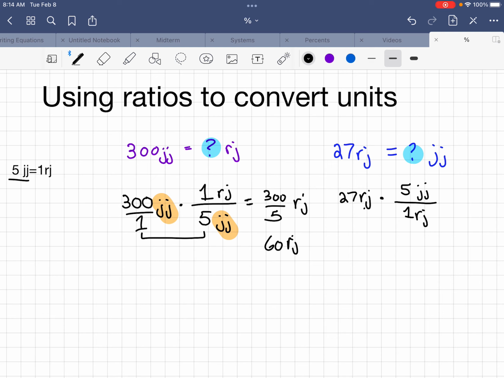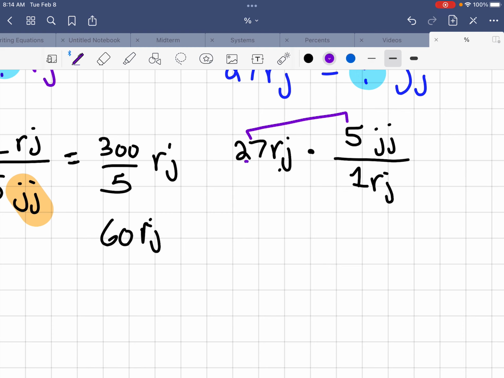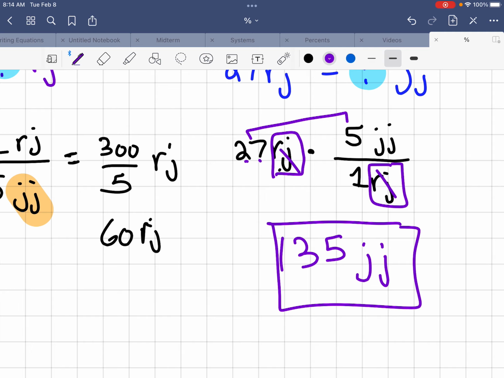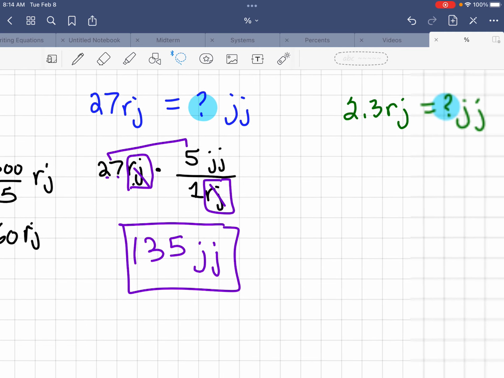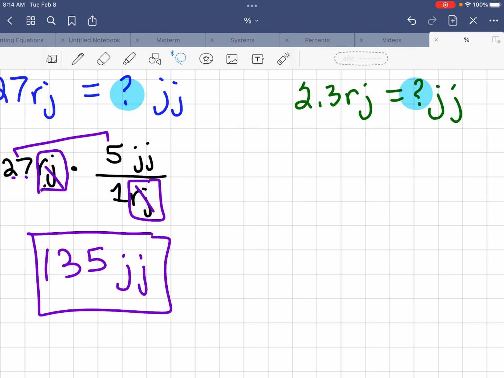So then we're going to take the numbers. 27 times 5 gives me 135. This RJ and this RJ will cancel, leaving me JJ. And then we have one more problem here. We have 2.3 RJ.